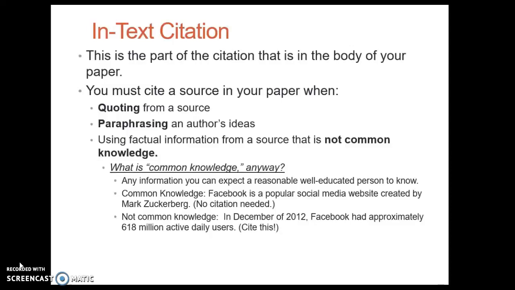Not common knowledge, in December of 2012, Facebook had approximately 618 million active daily users. You obviously want to cite that because that is much more specific. So obviously there's a little bit of a gray area here, so you will have to use your best judgment, but when in doubt, it's always a good idea to cite it.